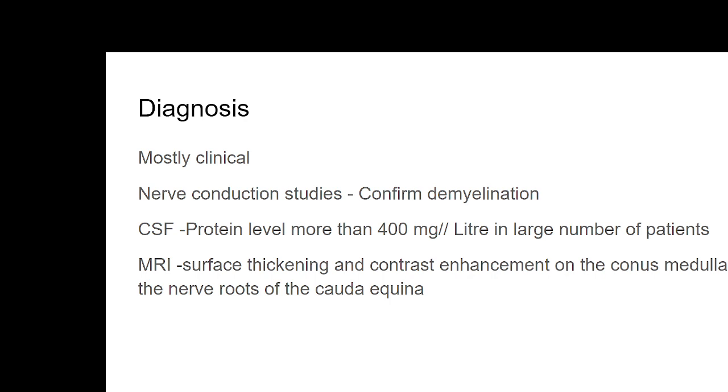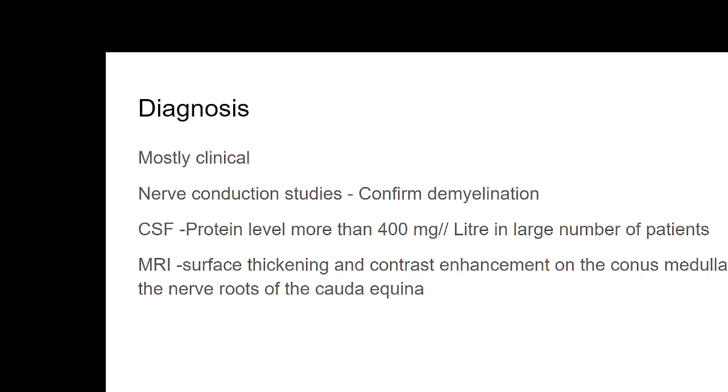Lumbar puncture and CSF studies are also one of the tools by which the diagnosis can be made, and a protein level of more than 400 milligrams is seen in a large number of patients. But again, that's not confirmatory, because in a good number of patients the protein level may still remain normal.